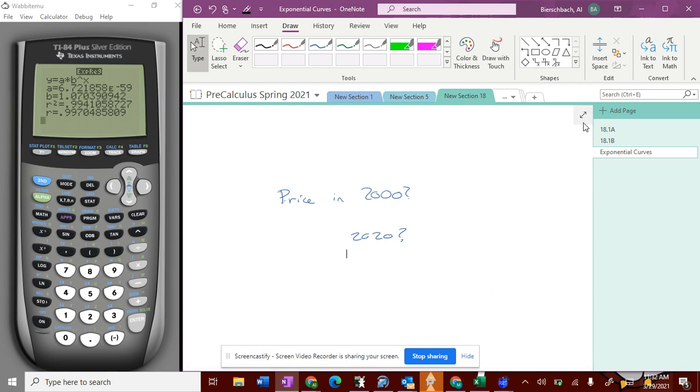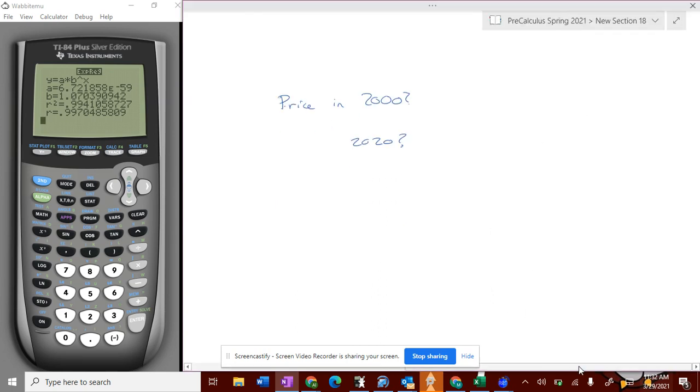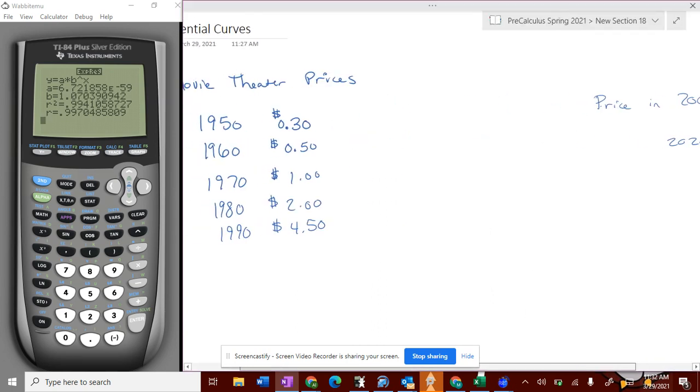All right. So the equation is y equals 6.72 times 1.07 to the x power.